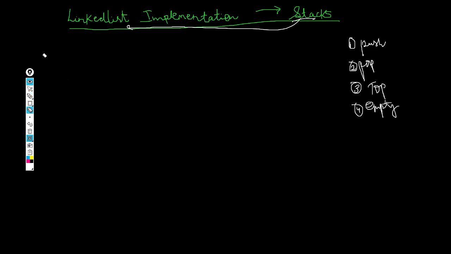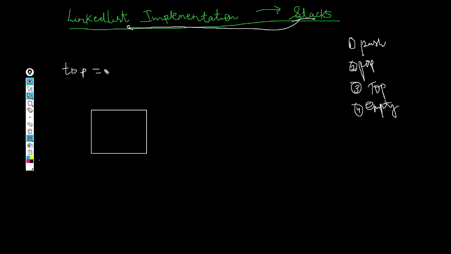Even here we'll be having a top pointer. But in this case, instead of pointing to some index of an array, this top pointer will be pointing towards a particular node of a linked list, right? Initially the top pointer will be pointing to null.